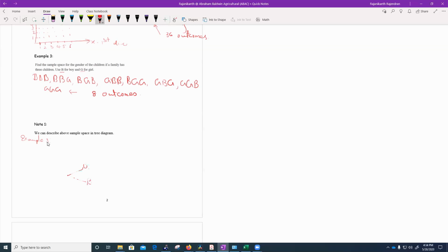So this is the first child in the family, maybe girl, maybe boy, we don't know. Now, if you extend 2 more possibilities from each outcome of the first child, these are the possible outcomes you may get for the second child. And I need to extend one more time because we have a 3-children family.